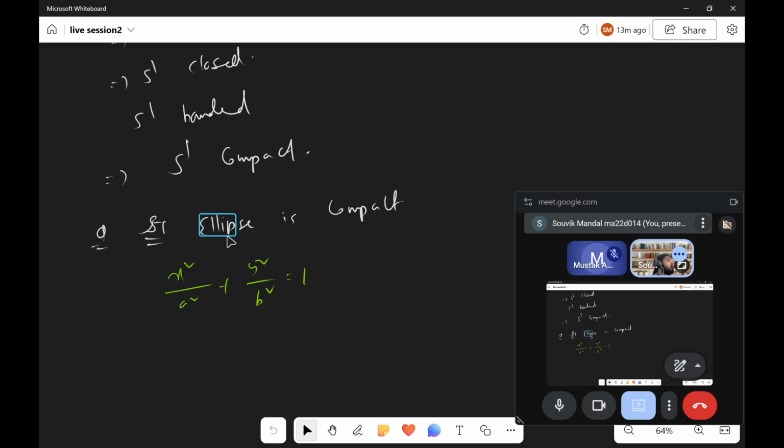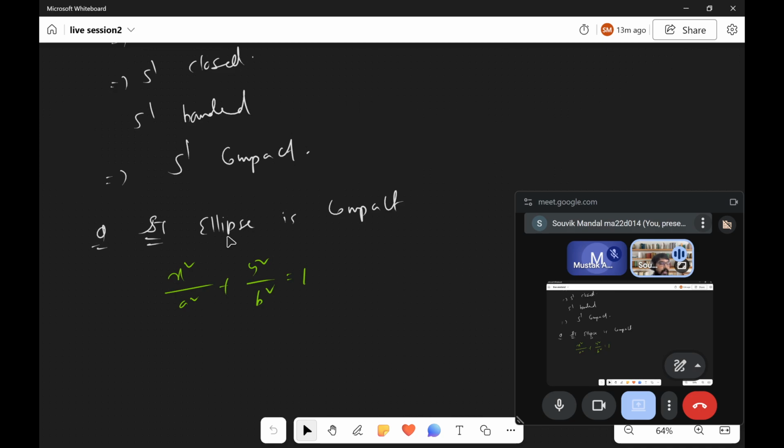How to do that? Basically, you can use the same sequential criterion for doing that.